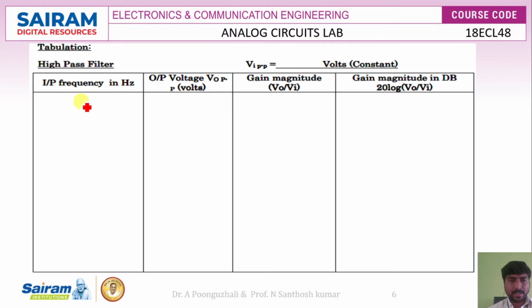So first we will be applying a frequency from 100 hertz to 100 kilohertz, and then we'll note down the output, and then we'll be calculating the gain, that is output by input. If you want to calculate the gain in decibels, we'll be using 20 log Vo by Vi.